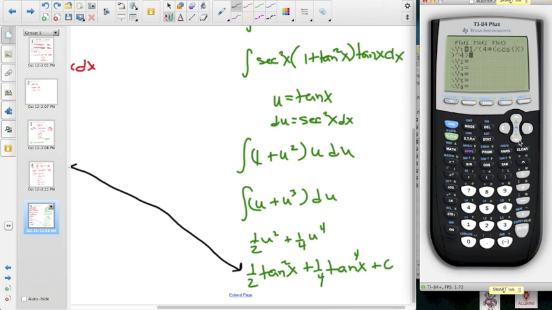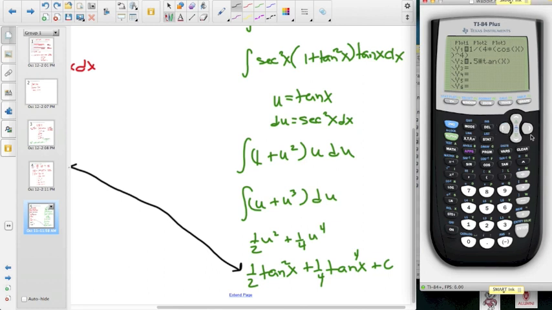So down here in y2, I'm going to put in 0.5 times tangent of x, and I have to square that.